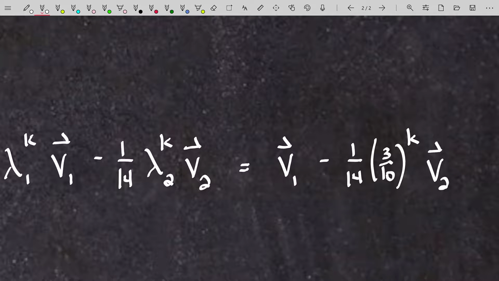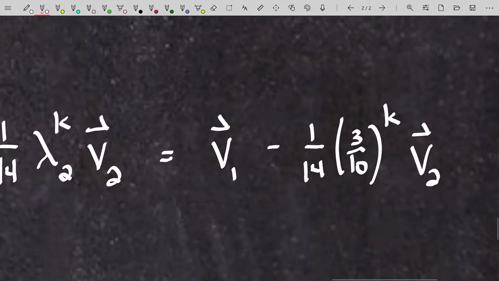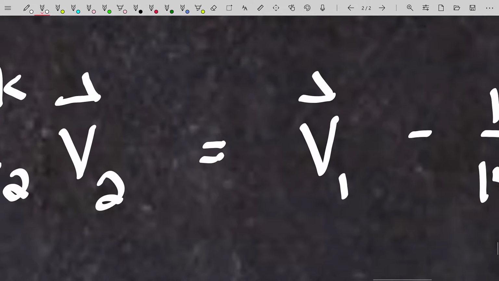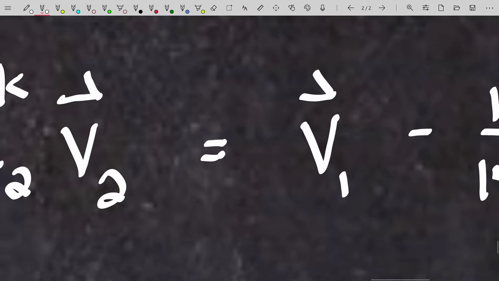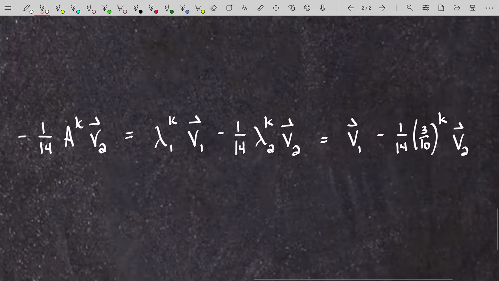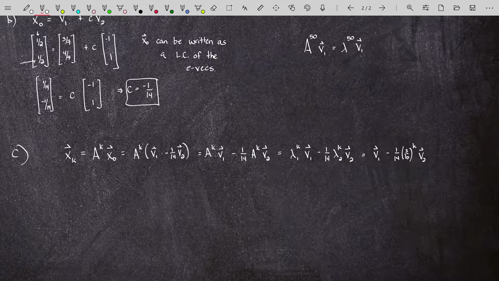The important piece to think about is, if your eigenvalue is less than 1 in magnitude, then for high powers of k, that will tend to 0. If your eigenvalue is 1, then it doesn't matter what your high power of k is. It's 1 to the kth power, which is 1. And so in the long run, the behavior of x sub k is going to mimic the eigenvector v sub 1.